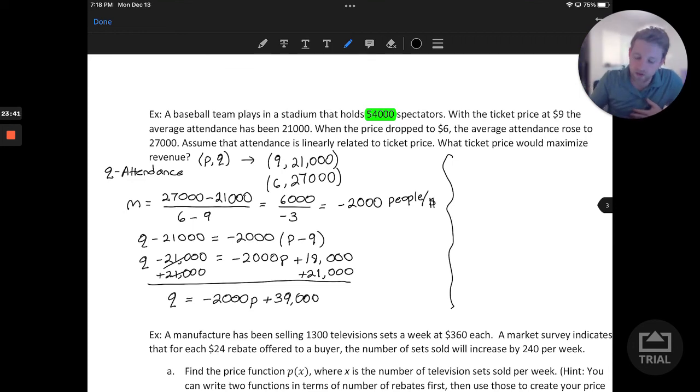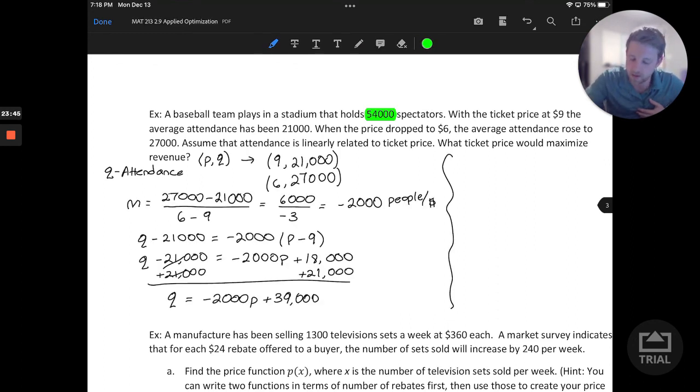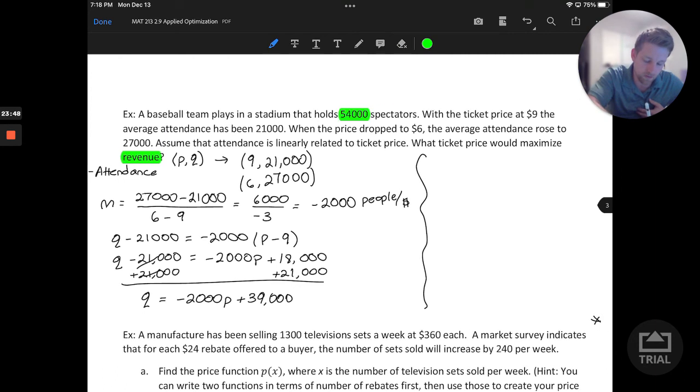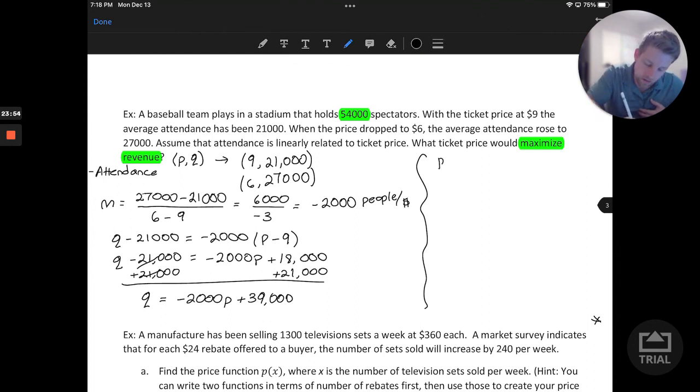In a similar fashion, we're again searching for maximizing the revenue, so let's consider that revenue function. Revenue, again, is the price times the quantity, so no change there. Price times quantity, and we know that the quantity is defined by that linear function.